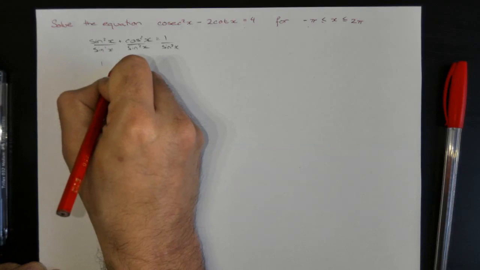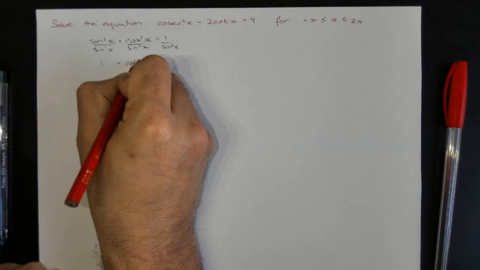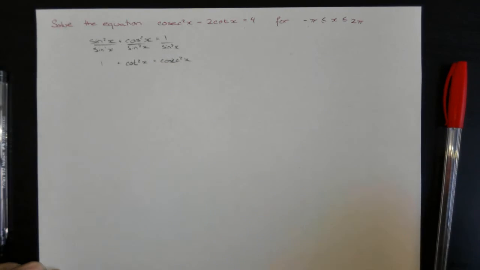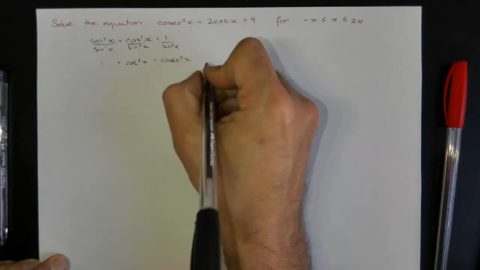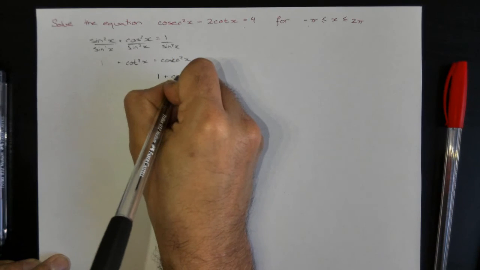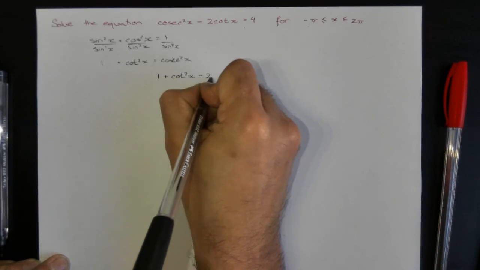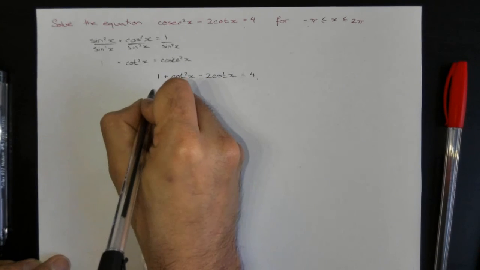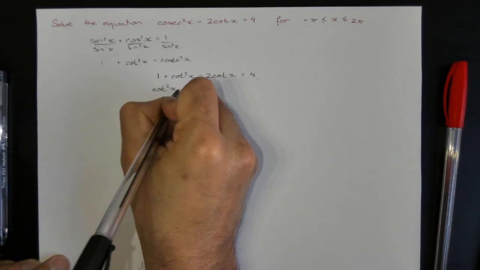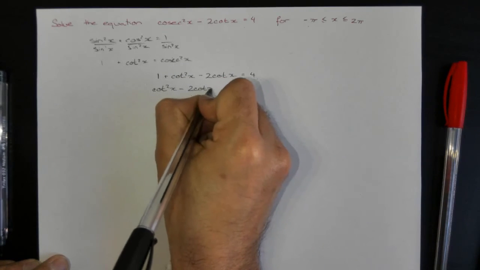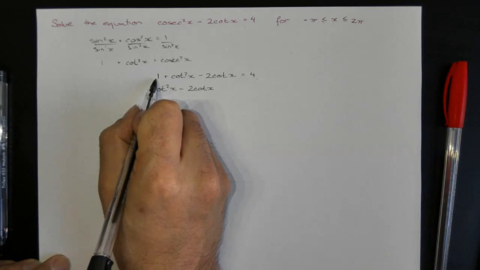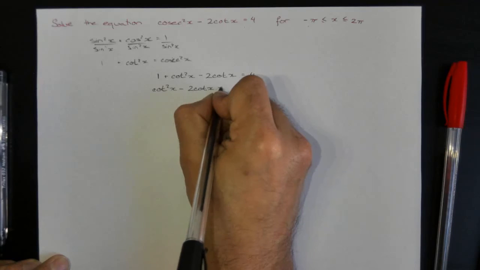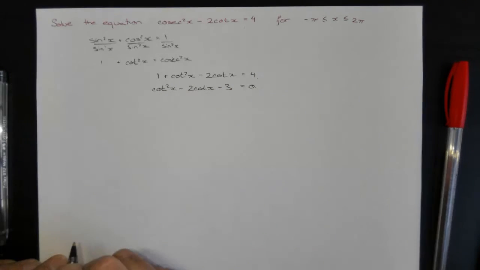That's going to give me 1 plus cot squared x equals cosec squared x. So I'm going to replace that. We've got 1 plus cot squared x minus 2 cot x equals 4. Rearrange that, we get cot squared x minus 2 cot x, and I'm going to bring that 4 to this side, which takes it to negative 3.